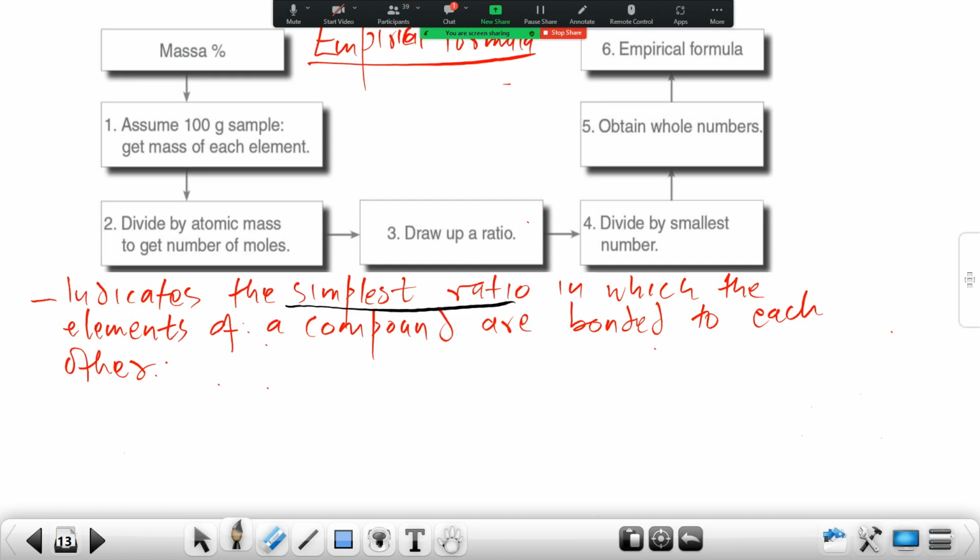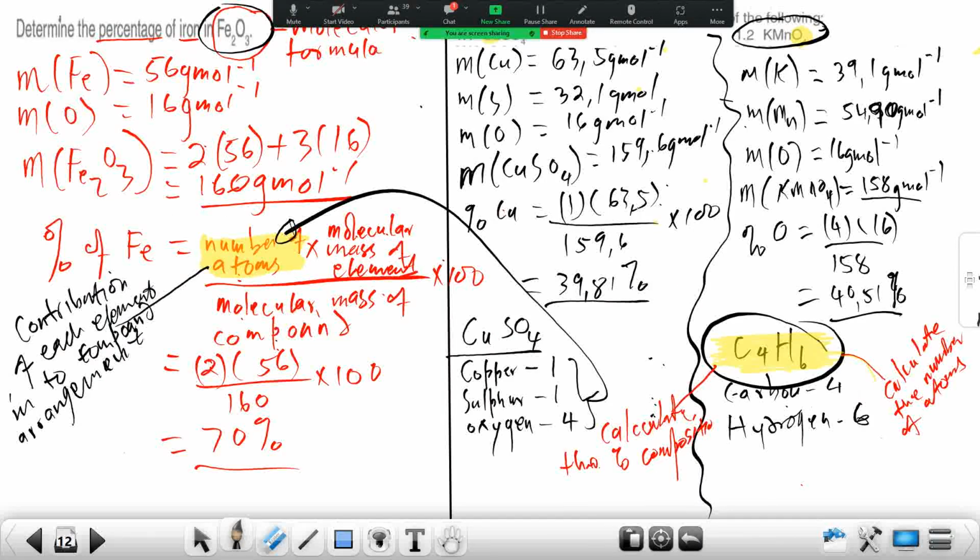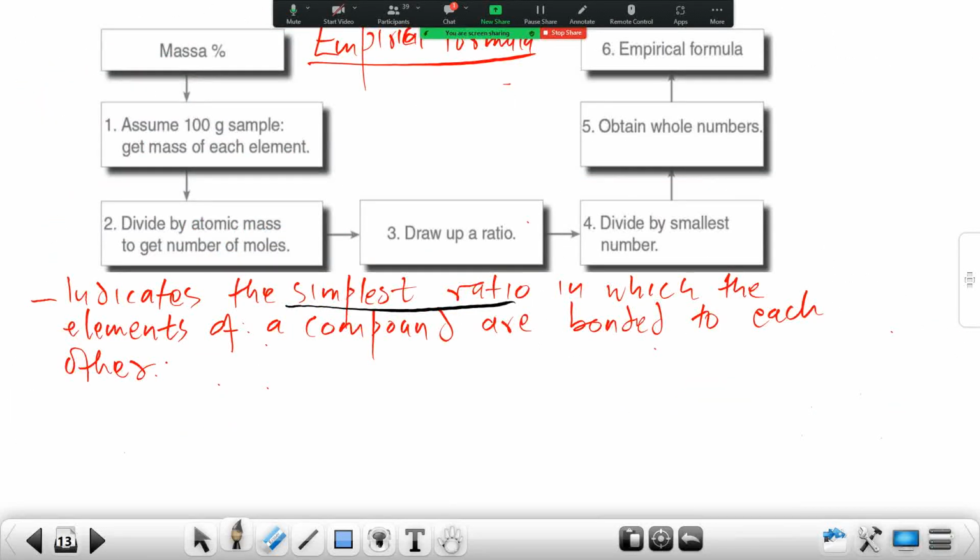For C4H6 it was 4:6. This one of copper sulfate was 1:4. So that is what the empirical formula is telling us: the simplest ratio in which elements of a compound are bonded to each other. That's how simple it gets.